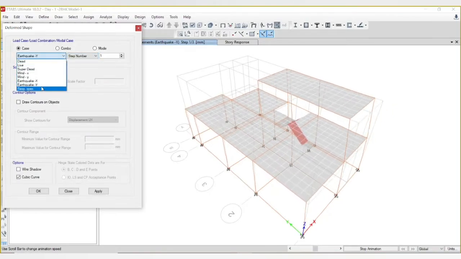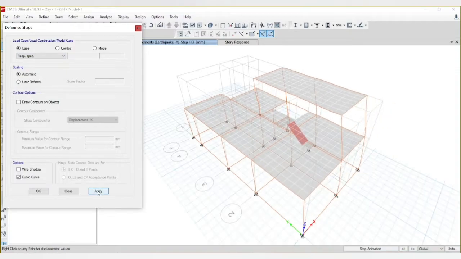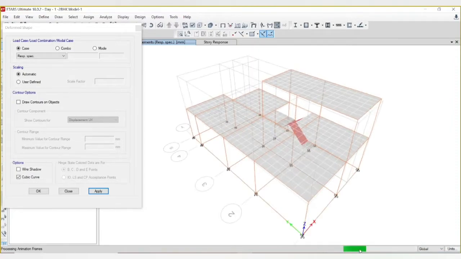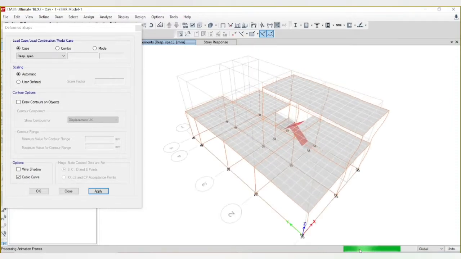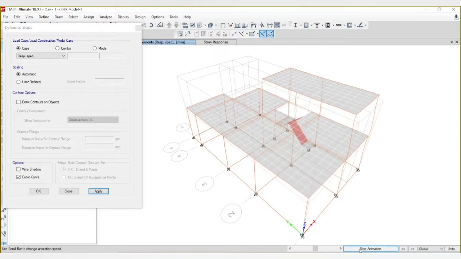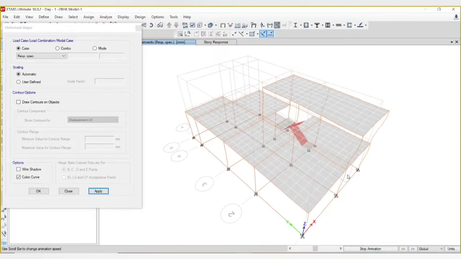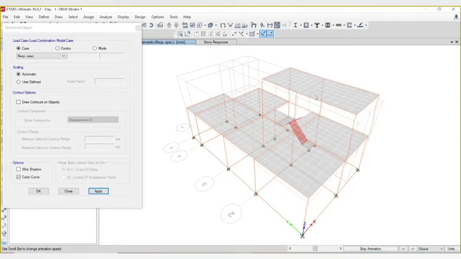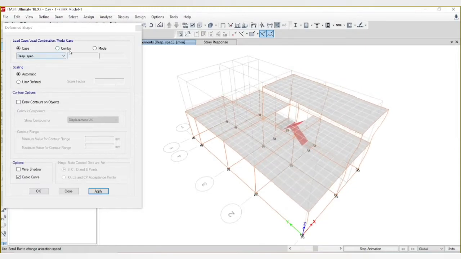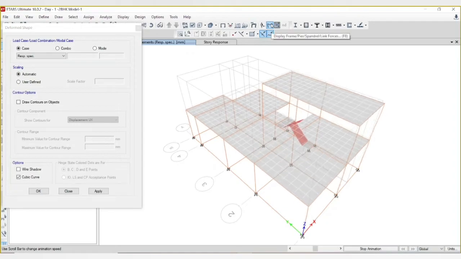If you are checking the response spectra, it will neither go in x direction nor y direction. It takes the combination of ways in order to get the ultimate earthquake response. So that is why the deflection is not in either x or y, it is in the principal direction of force. This is your response spectra. Let us see the bending moment.